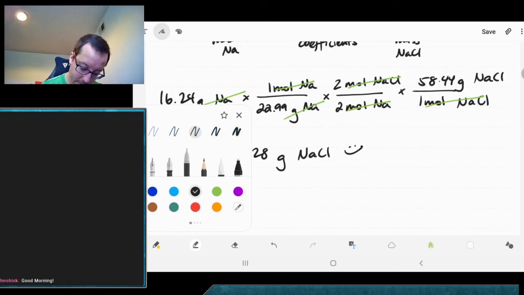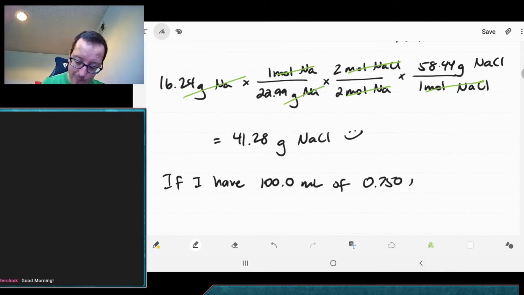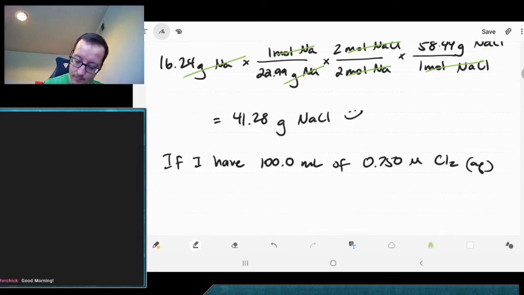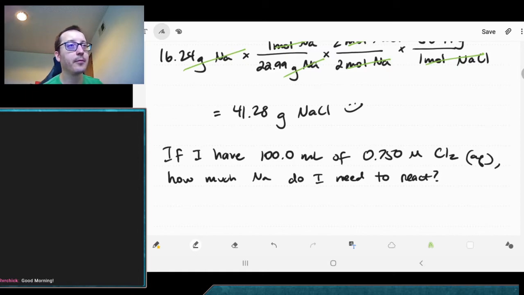Let's say in the same reaction, if I have 100 milliliters of some aqueous chlorine, instead of starting with grams, what we can do is start with solution stuff.